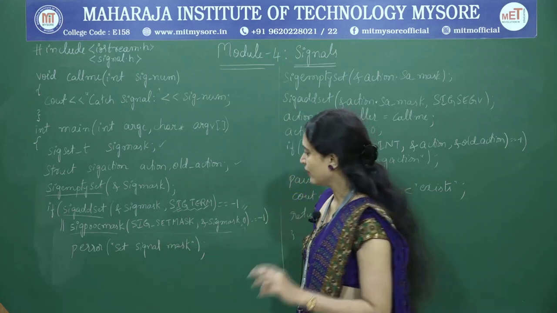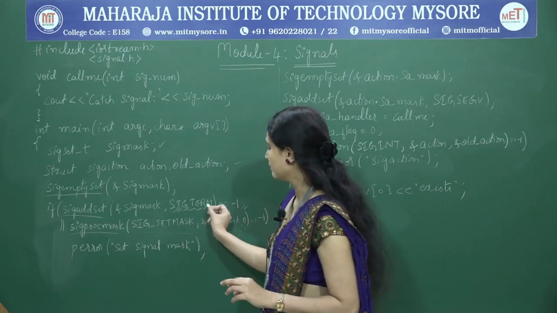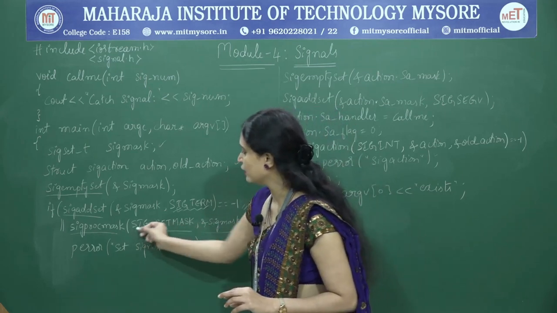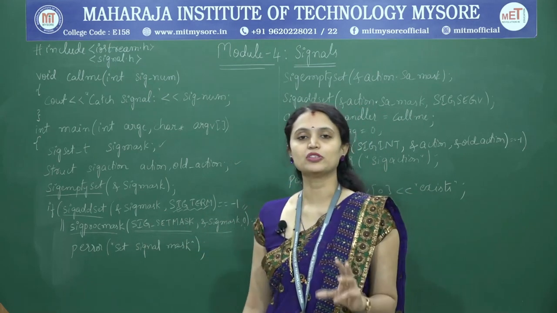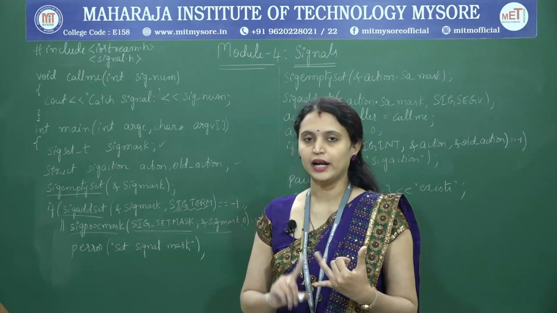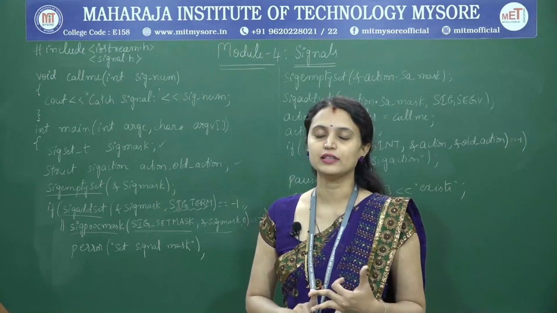So what we are blocking here is SIGTERM, if I use this as the command value. If you remember, sigprocmask has 3 arguments. The first one is the command, the second one is the new mask, and the third one is the old mask.